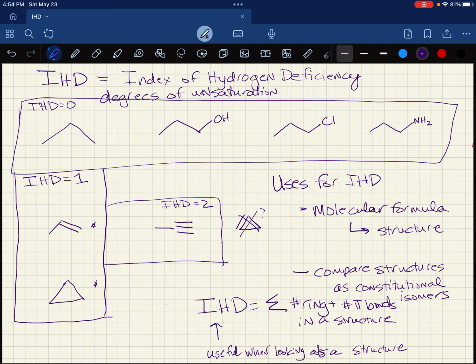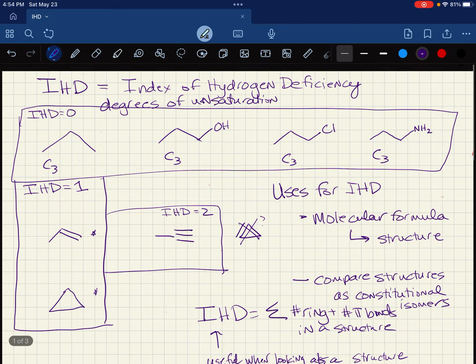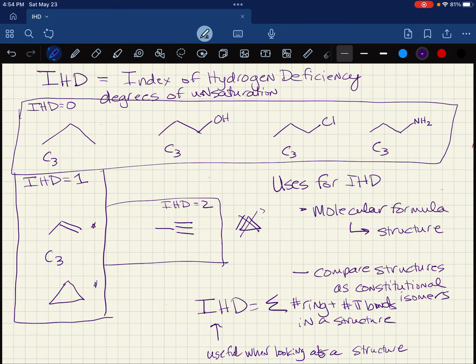So let's take just a minute and look at the relationship between these compounds and the number of carbon atoms. They all have 3 carbon atoms, so they're all C3. And the ones up here are going to be fully saturated.